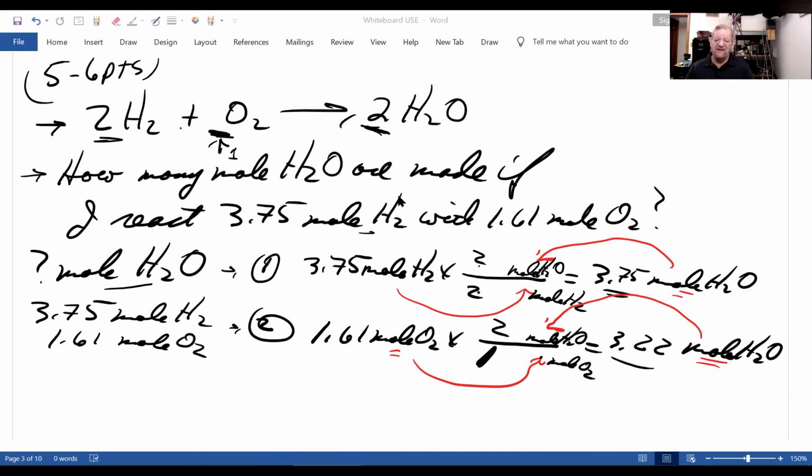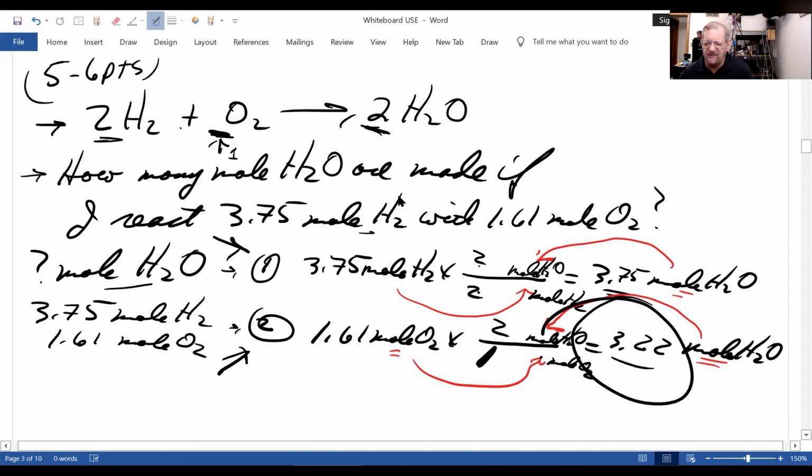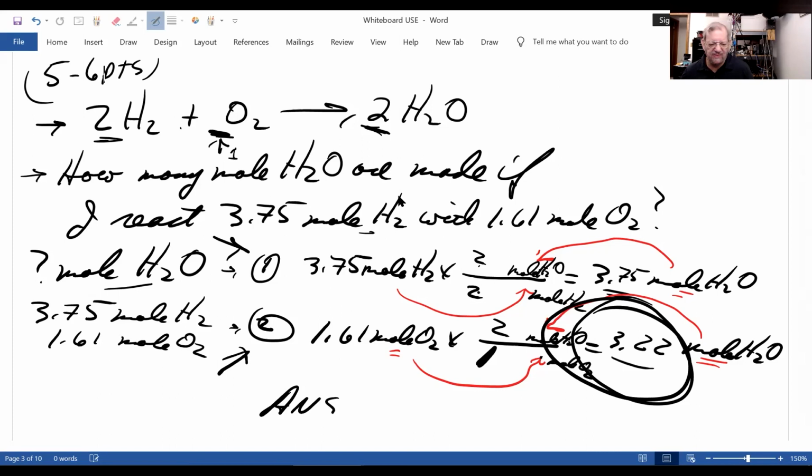And I did. So how do you know what the answer is? Your answer for this problem, whichever of calculation 1 or 2 is lower, is your answer. And therefore, the correct answer is 3.22 moles of water.